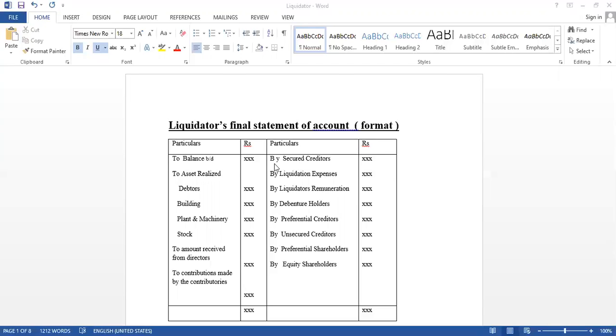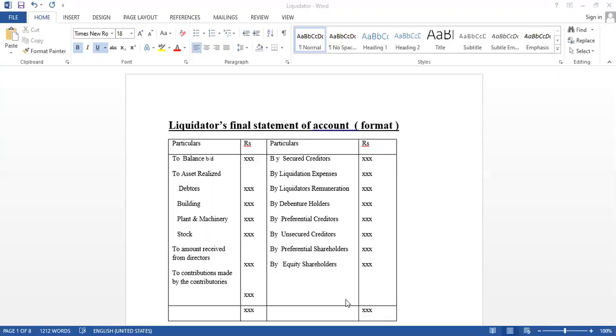On the credit side: by secured creditors, by liquidation expenses, by liquidator's remuneration, by debenture holders, by preferential creditors, by unsecured creditors, by preferential shareholders, by equity shareholders.